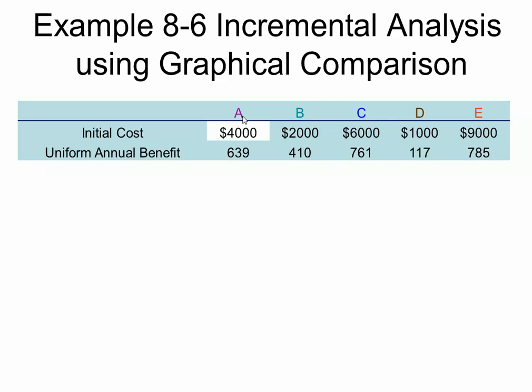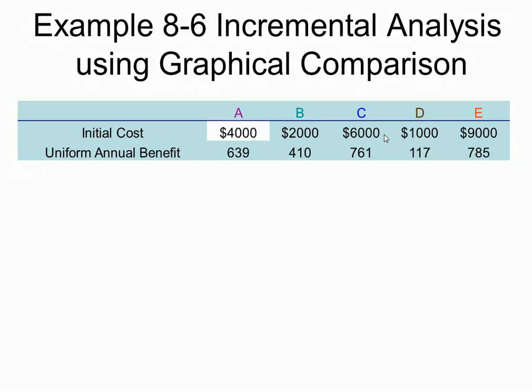And this one has an even larger number of mutually exclusive alternatives. So you can see we have options A, B, C, D, and E, and they're not ranked here, right? A, B, C, and D are not ranked in terms of initial cost.